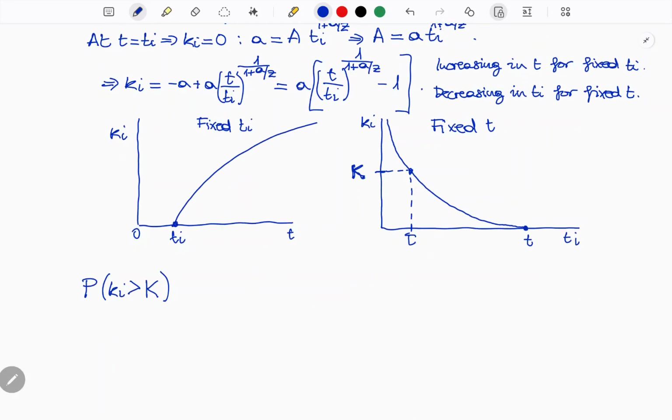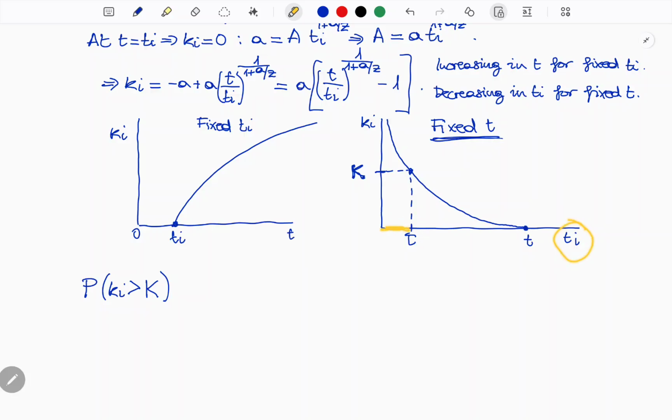So all the nodes, because this is at fixed time t, all nodes which have a degree greater than k, if we are focusing on this part here, then they must have been born in this time here. So before that time, because the degree is decreasing with ti.